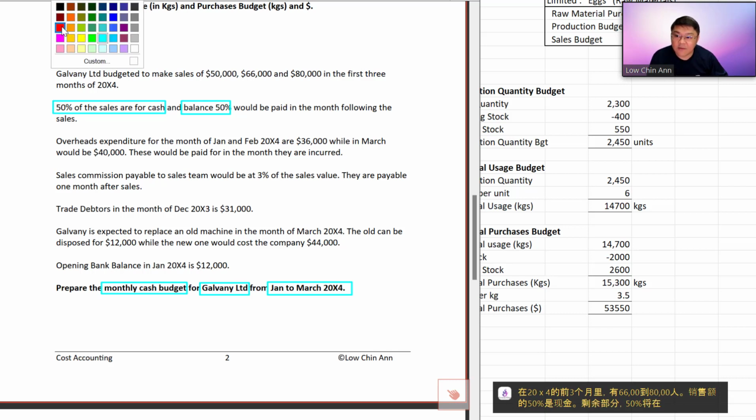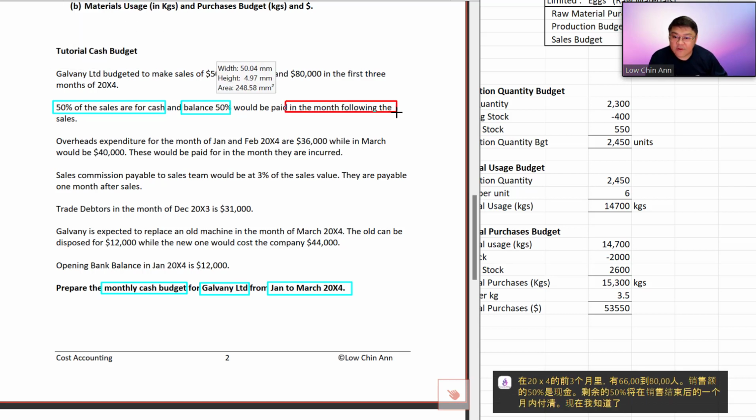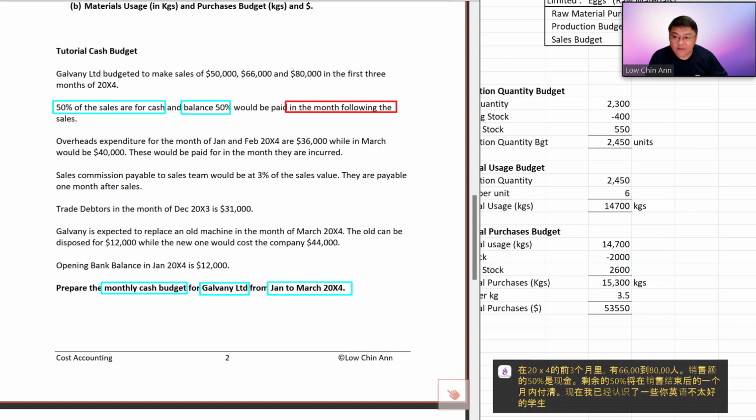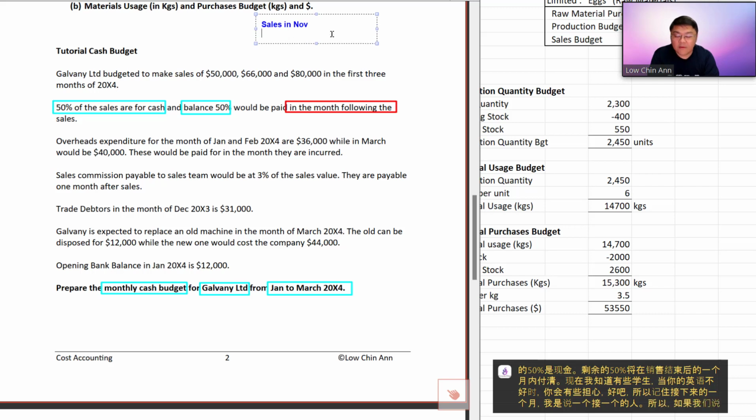Now, I know some students, when your English is not very good, you get a bit worried. So remember, the month following means the month after. So if you have a sale in the month of November, then you will get the money in the month after November, that means December. It doesn't matter if you sell on 1st of November, then you get it on 1st of December.